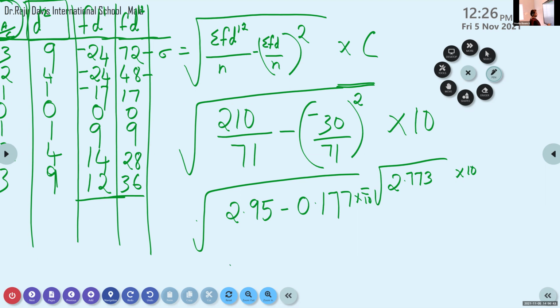Find the square root of 2.773. You will be getting the answer 1.66 into the common factor. The answer is 16.6.